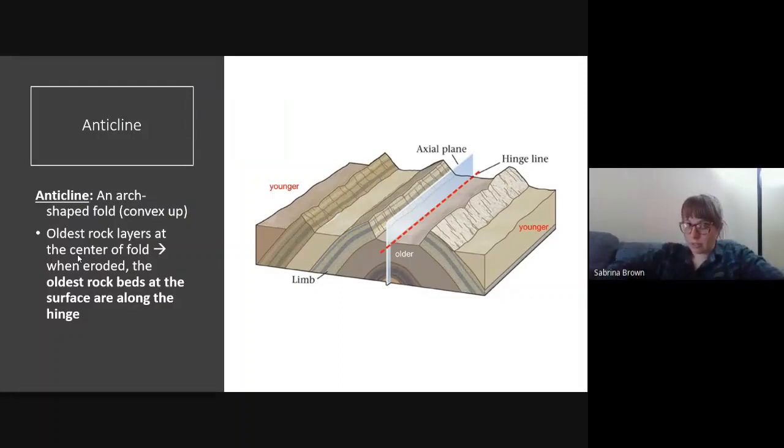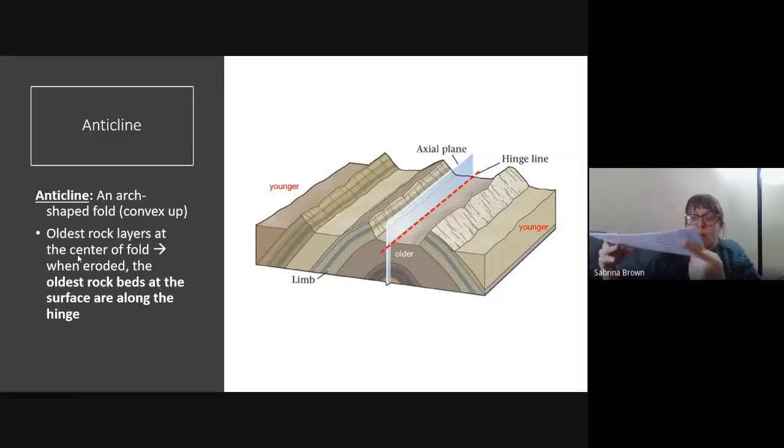So anticlines and synclines are both arch-shaped folds. Our anticlines are like the St. Louis Arch, right? So anticlines are arches where the convex side of the arch is up.